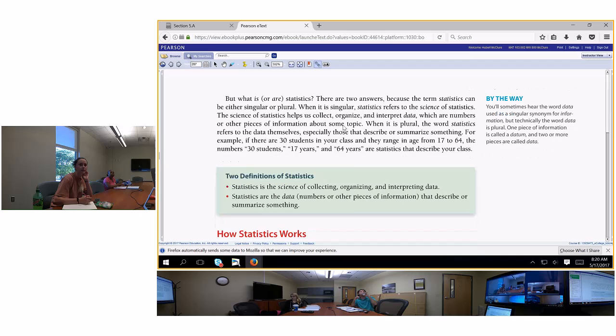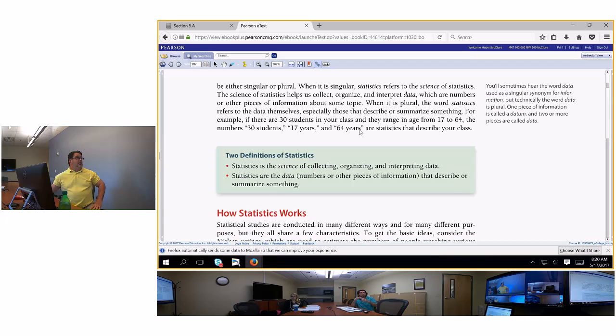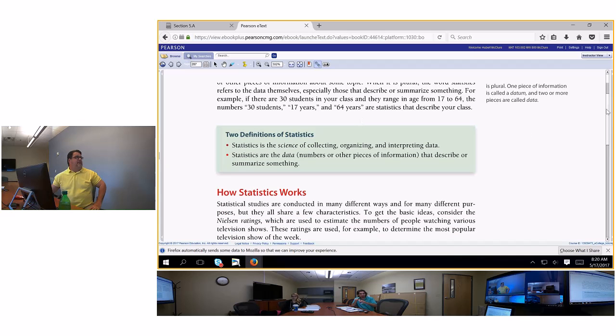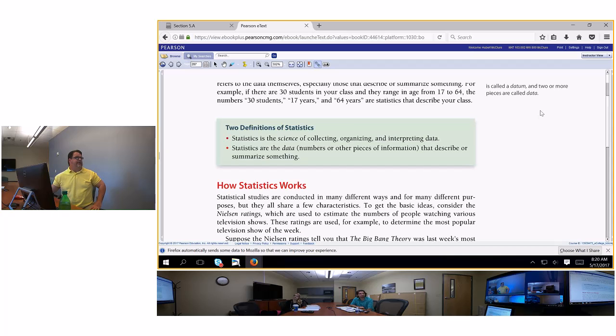I'm having a little bit of issues with my mouse. It looks like it's hesitating, but they said that every campus was down this morning. All right, statistics is the science of collecting, organizing, and interpreting data, and statistics are the data.